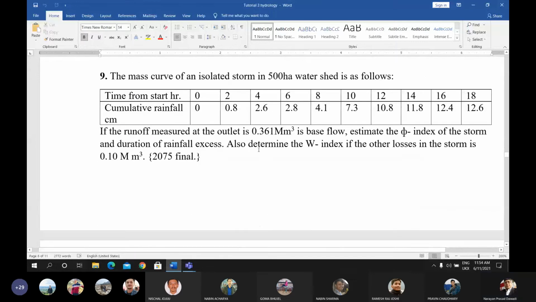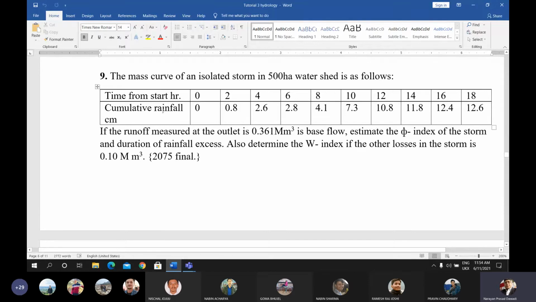Now, question number 9. The mass curve of an isolated storm in a 500 hectare watershed is as follows. 500 hectare catchment area, watershed or basin, means the same thing, and the isolated storm is given here. From the time of the start, the mass curve means the cumulative rainfall is given.